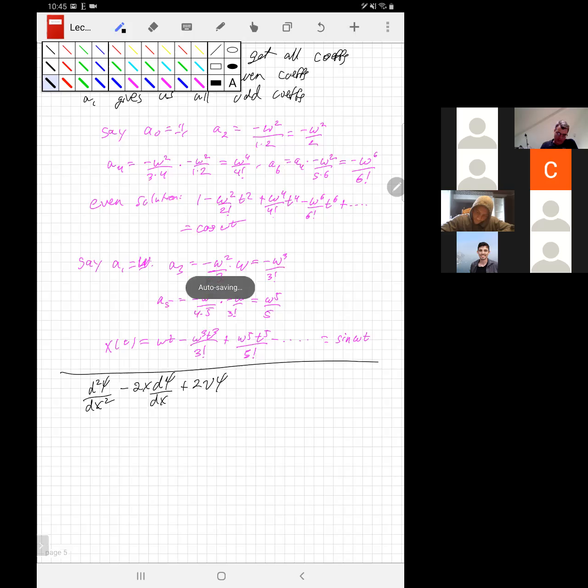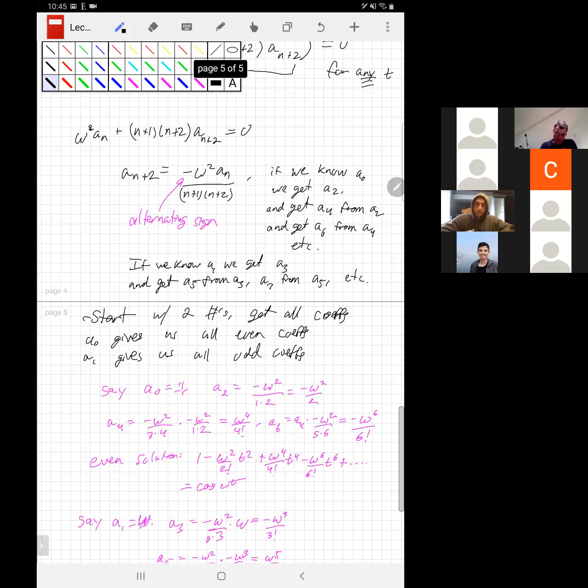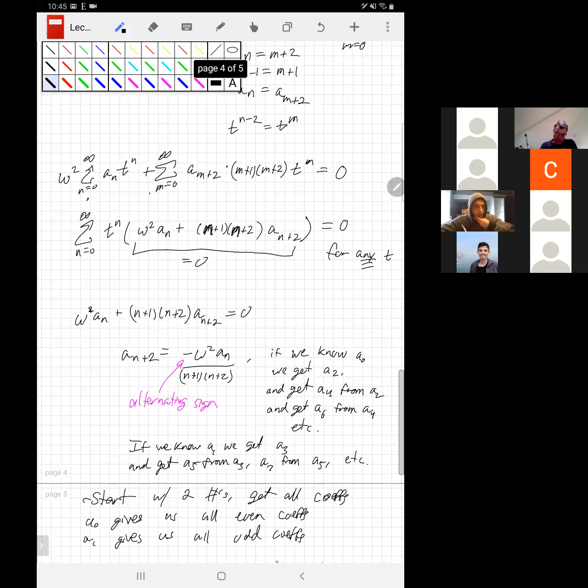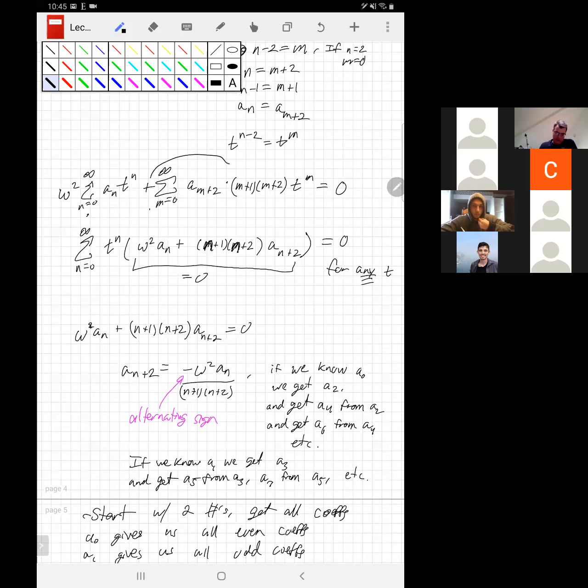And we're going to say that psi of x is the sum from n equals 0 to infinity of a sub n x to the n. And d squared psi dx squared must be what we got above, just replacing x with t.